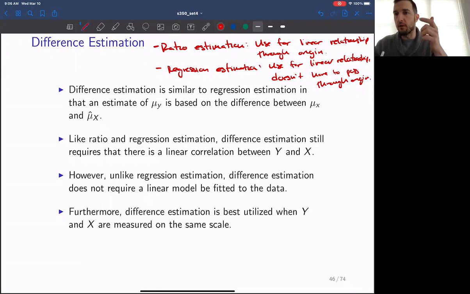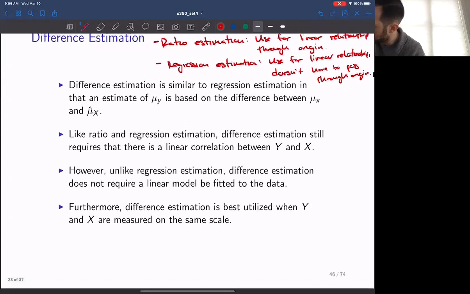The differences, though, as you can see, for example, on the slide here, is that it doesn't actually require that we model the linear relationship. So we expect it to exist, but we don't need to utilize the model. And then the big difference is that we use difference estimation when we have a linear relationship, but both variables are measured on the same scale. So it is a function of data type in that case.